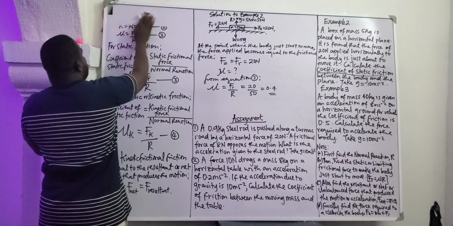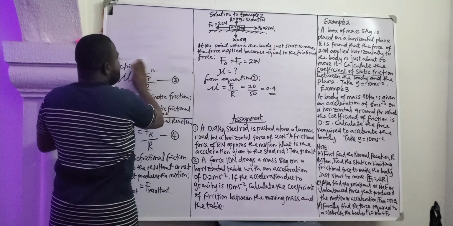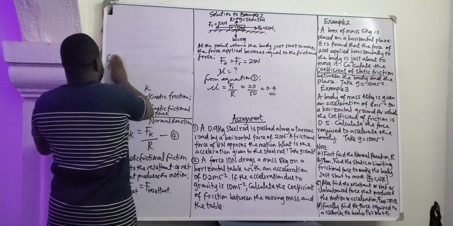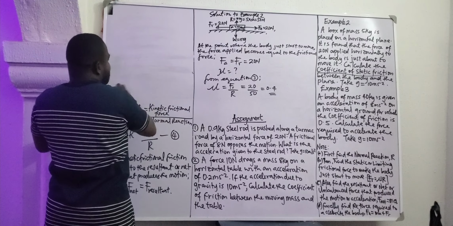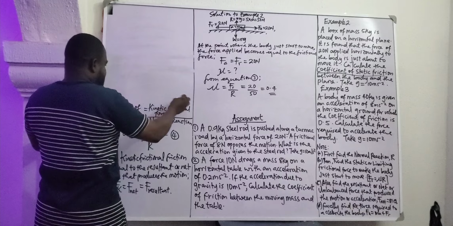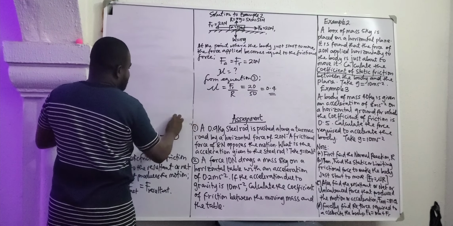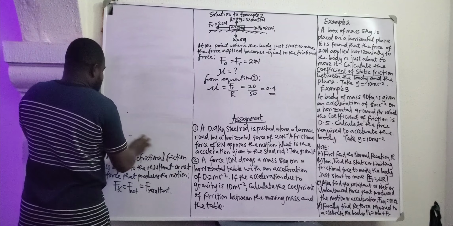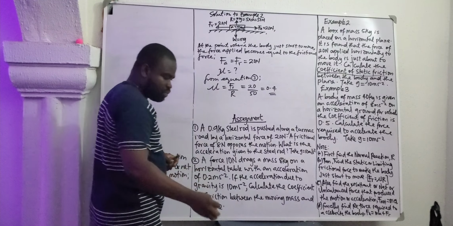Let me tell you what difference will occur if this body decides to move with an acceleration. Then what will happen? That is the point we want to establish. That one is at dynamic or kinetic friction.